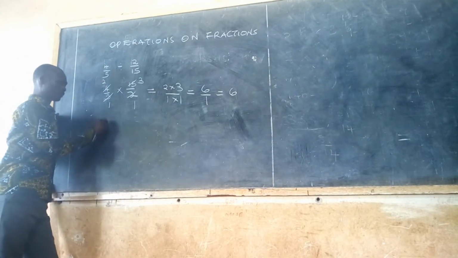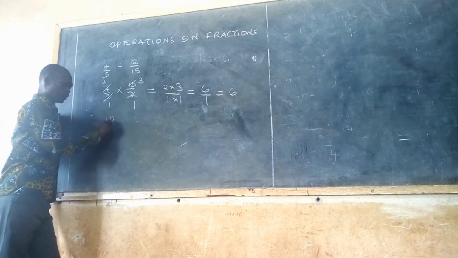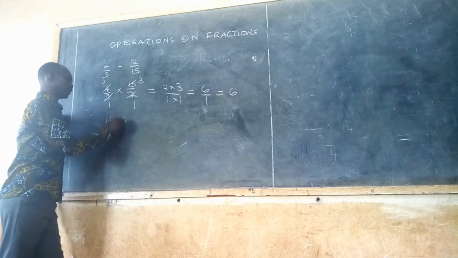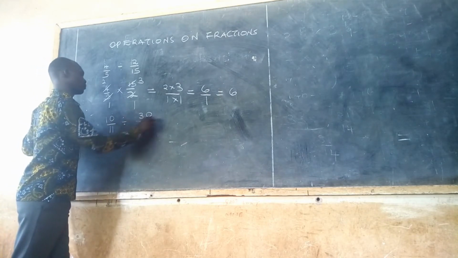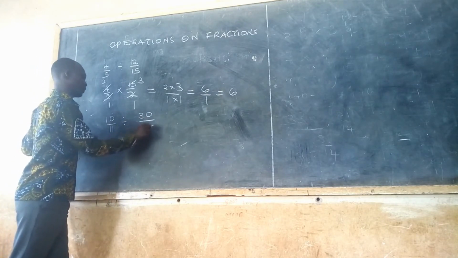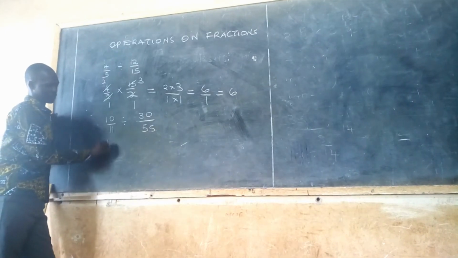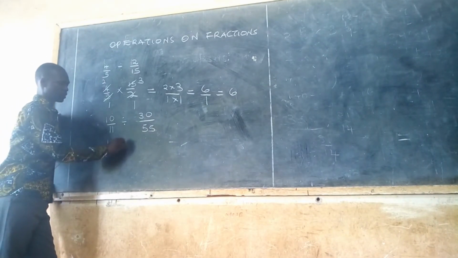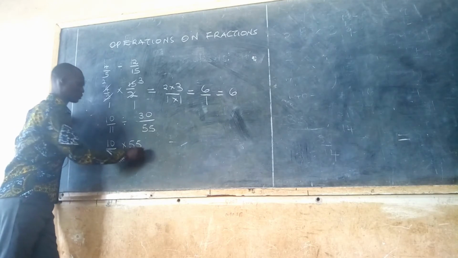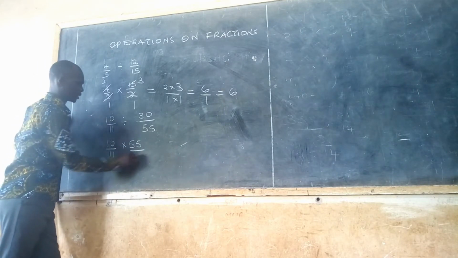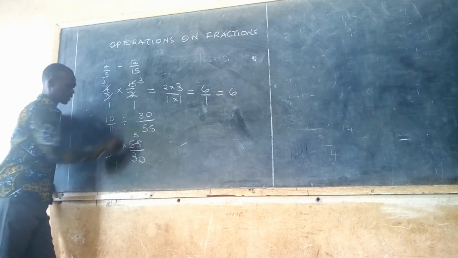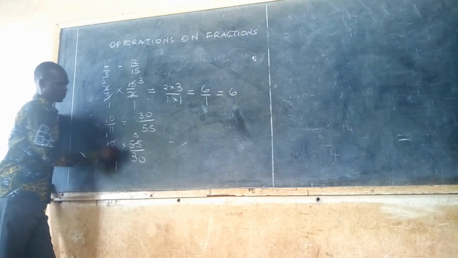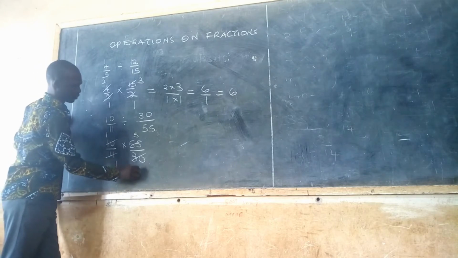Suppose I have 10 over 11 divided by, let us say, 30 over maybe 55. We'll have it as 10 over 11 times 55 over 30. 11 ones, 11 5 times, 10 ones, 10 3 times.